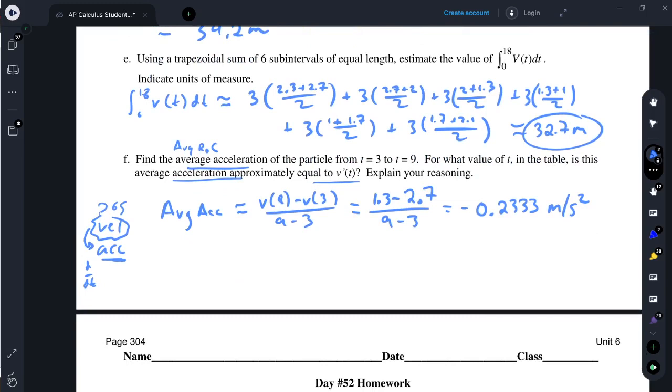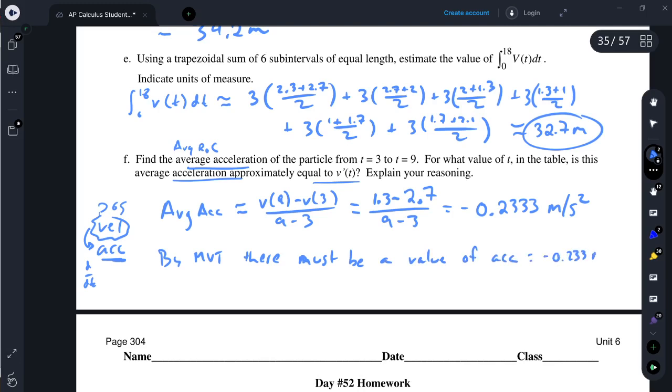And then we would say, by MVT, there must be a value of the acceleration equal to negative 0.233 meters per second squared for 3 less than or equal to t less than or equal to 9, because v of 9 minus v of 3 over 9 minus 3 equals negative 0.233, right? And you might add in that it was continuous and differentiable or something like that.